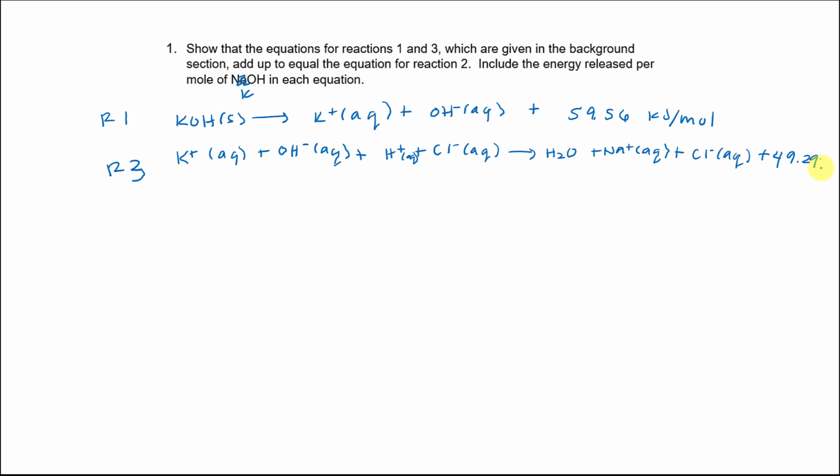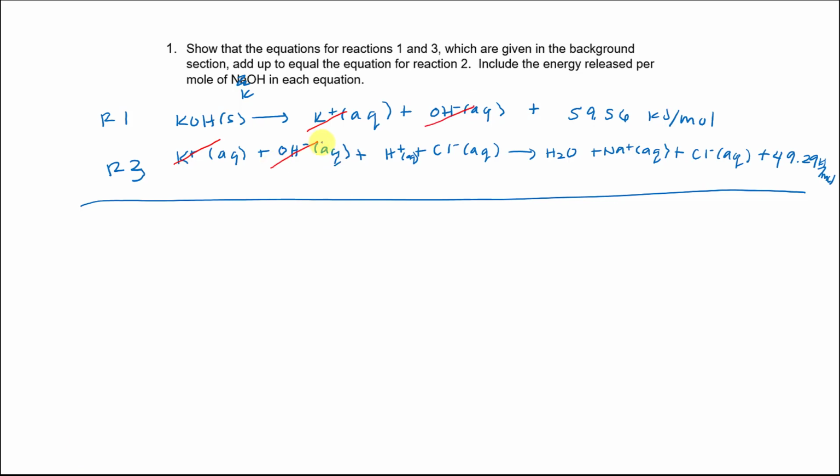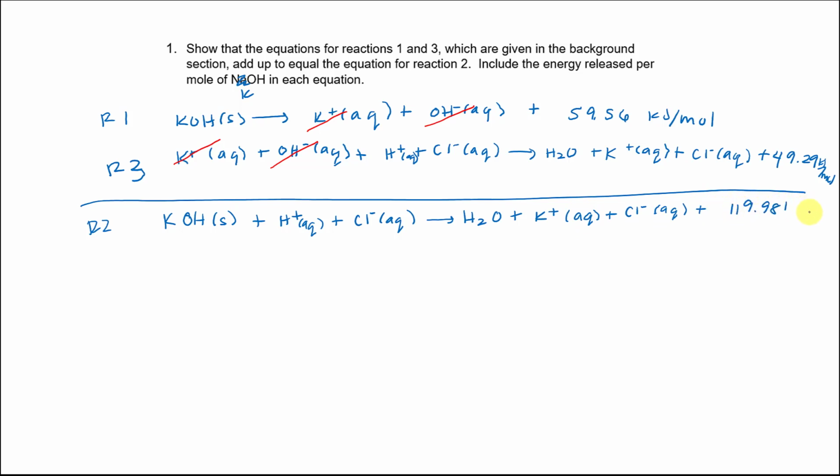I had 49.29. And then if I do my cancellations here, K plus cancels, OH cancels. That one should be K plus. Then I am left with reaction 2, which is KOH solid plus H plus aqueous plus Cl minus. That's going to go to H2O. To add up to that.